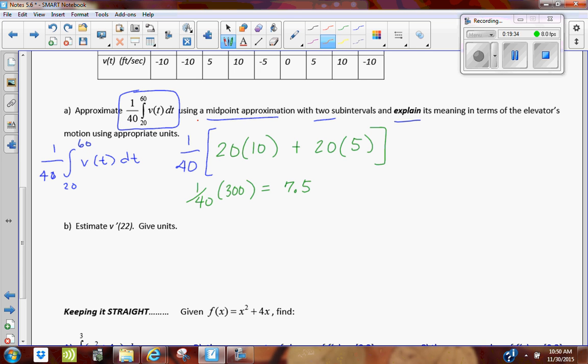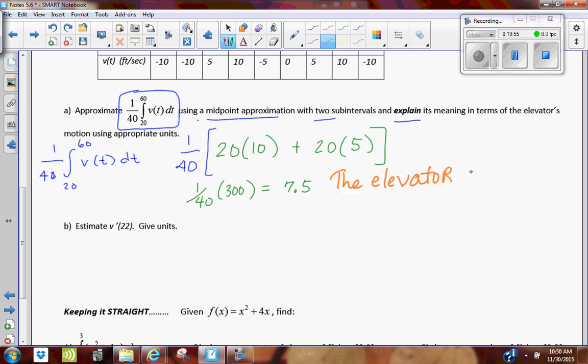The elevator, context of the problem, right? You didn't mention the elevator. Could be a rabbit. You got to be careful, right? So let's just start with the elevator. The elevator does what, Joseph?